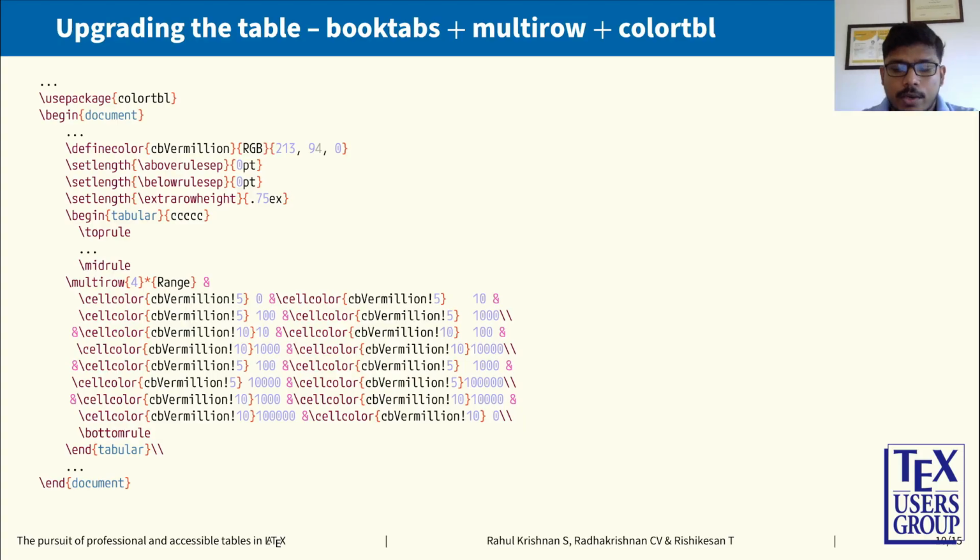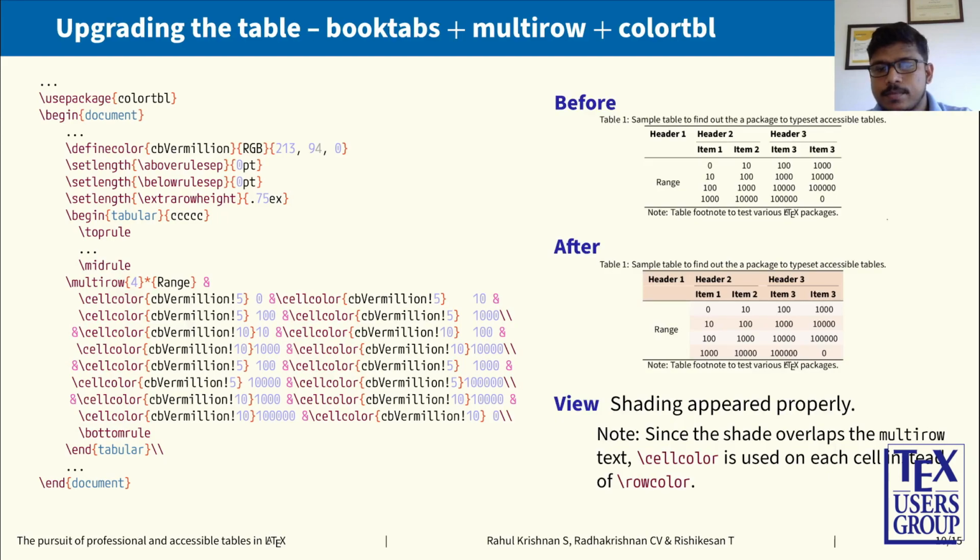Here I have used the package called colortbl, and I have used some random colors, and here is the output. This one is from booktabs and multirow, and by adding colortbl, the colors appear here and the shades appear correctly.